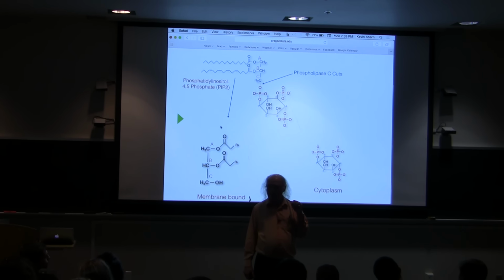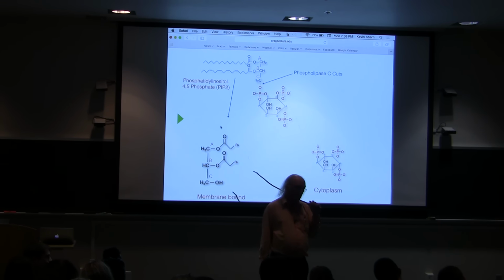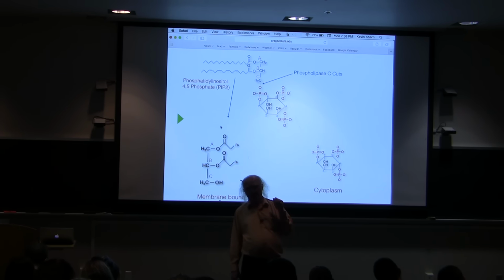Where do you get arachidonic acid? You get it from glycerophospholipids in the membrane. There are lipases that cleave those off. The arachidonic acid is pretty chemically unstable, and it gets made into the prostanoids by the enzyme cyclooxygenase.